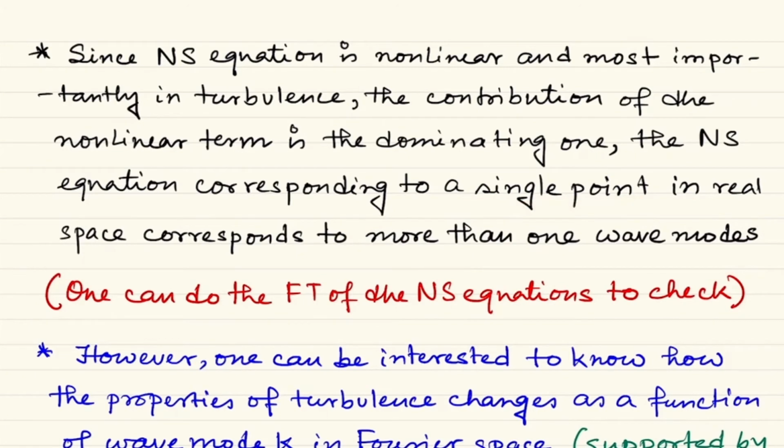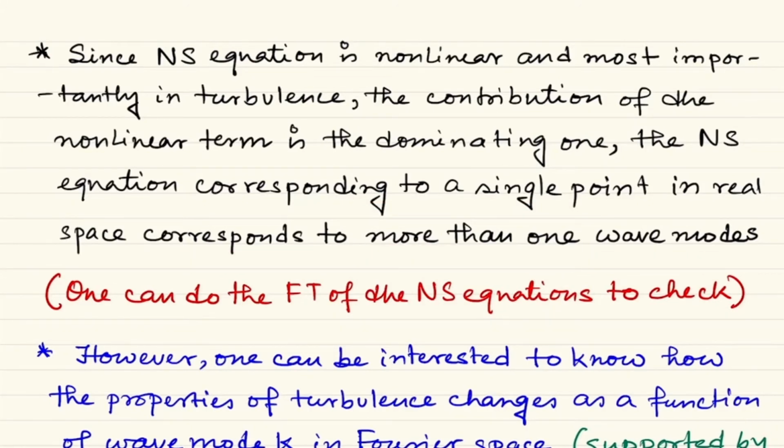If the term is linear, then doing the Fourier transform, one quantity at some space point x will correspond to some other wave mode k in Fourier space. But if the term is nonlinear, then any term corresponding to a single point in real space corresponds to more than one wave mode, and therefore we talk about triads.